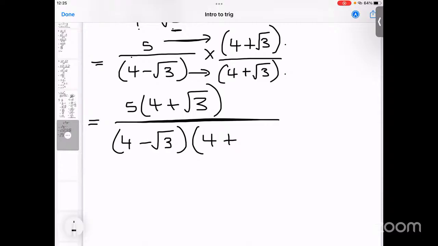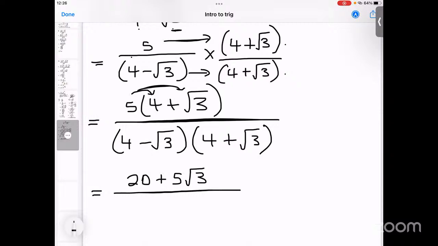You will see it as I do my next step. Obviously, you can still say that by that by that. We get 20, that you plus it by 5 square root of 3, the whole of this being divided by this thing, which is the same as you having a 4, maybe let me put it inside the brackets.